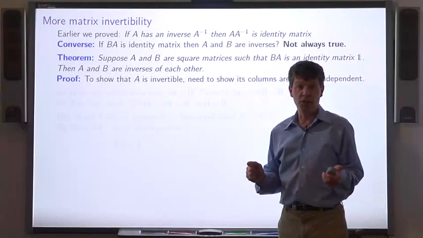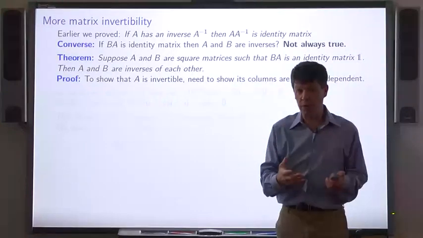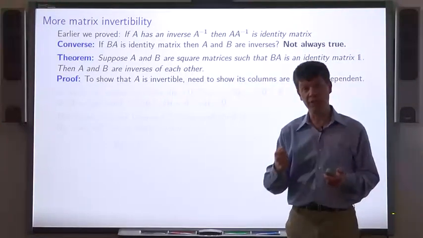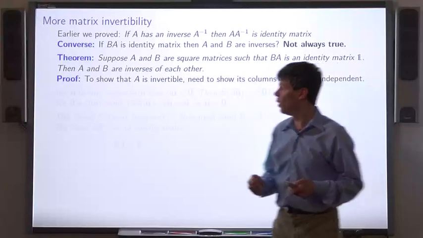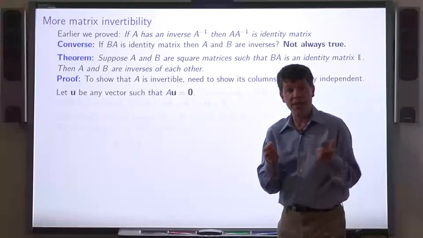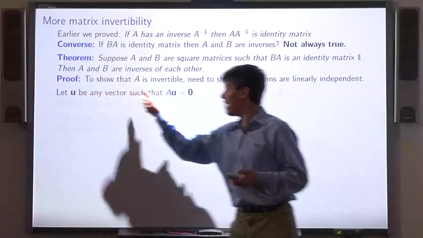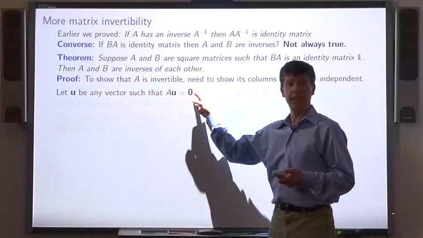To show that A is invertible, since we already know it's square, all we have to do is show that its columns are linearly independent. Well, to show that the columns of A are linearly independent, let u be any vector such that A times u equals 0.